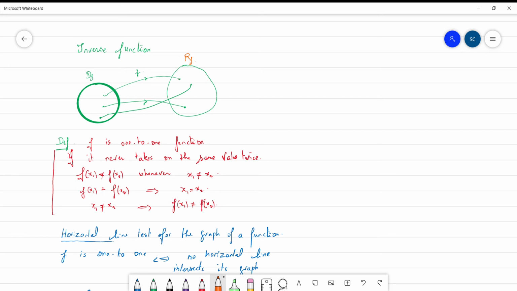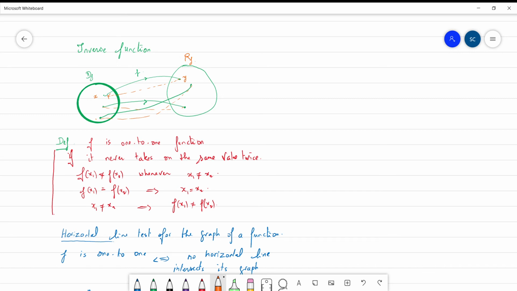I can imagine a relationship that assigns for each y a unique x. This particular function is what we call the inverse function.